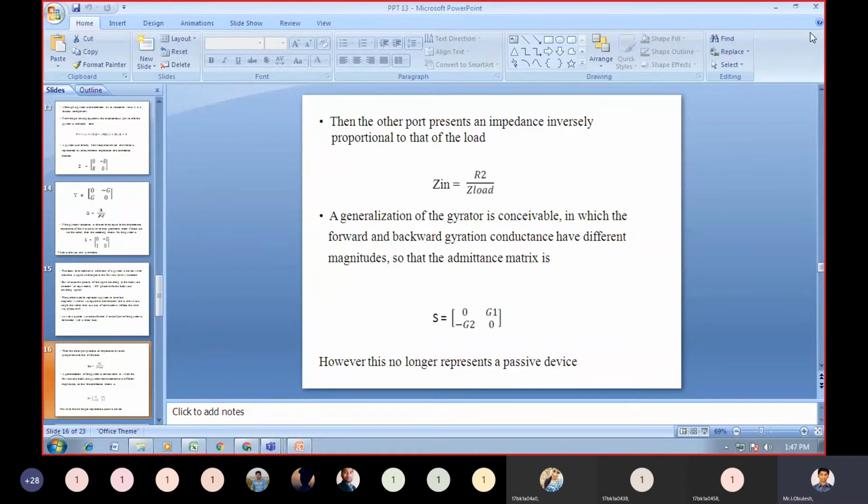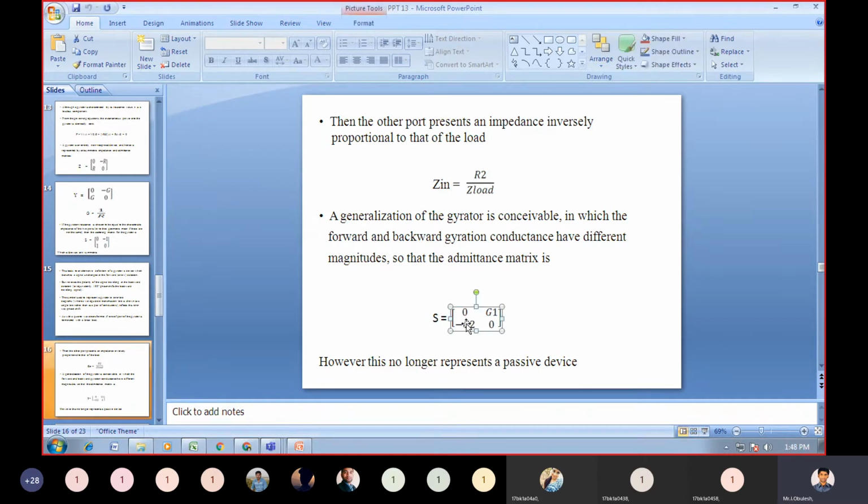A generalization of the gyrator is conceivable, in which the forward and backward gyration conductance or gyration resistance have different magnitudes, so that the admittance matrix is 0, G1, minus G2, 0.